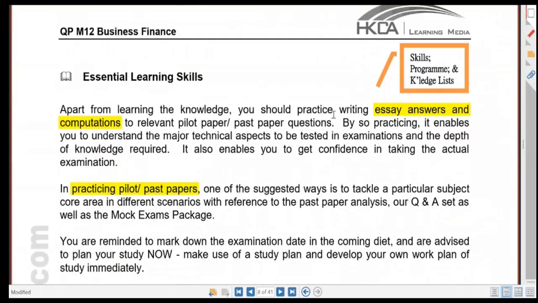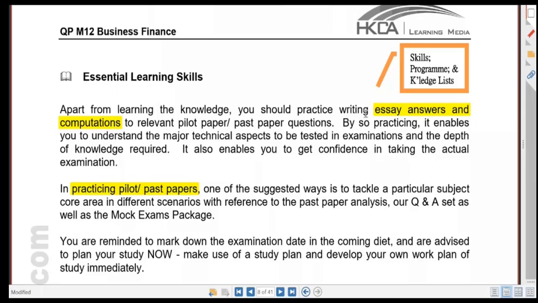In your exam, you need to write. Writing is important as well as computation. Depending on the exam sitting, it fluctuates. Roughly it should be 60% on computation and 40% on writing.